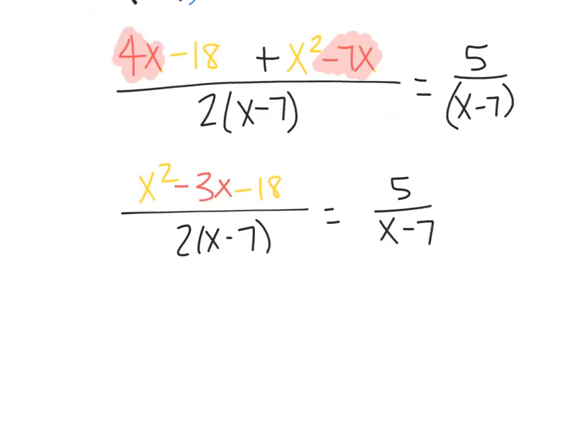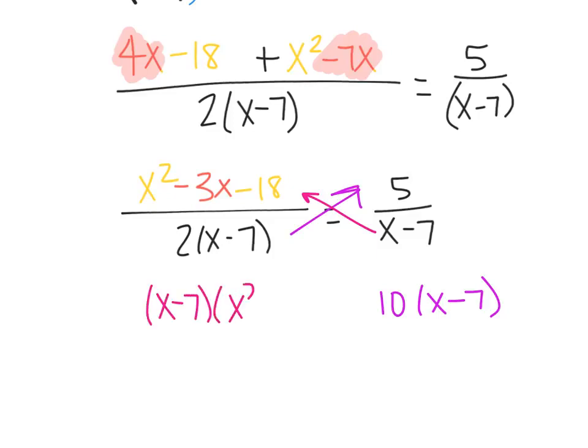All right, so if I'm cross multiplying, 2 times x minus 7 times 5 is really what? Yes, 10 times x minus 7. And then I can do the same thing the other way. X minus 7 times, oh, nope, I can't actually do anything there. So we're just going to write x minus 7 times x squared minus 3x minus 18. And they are still equal.